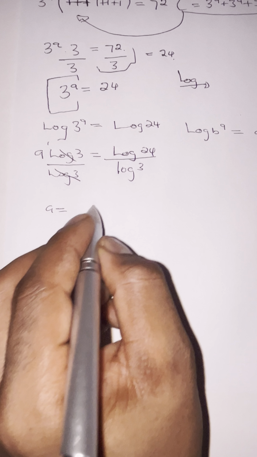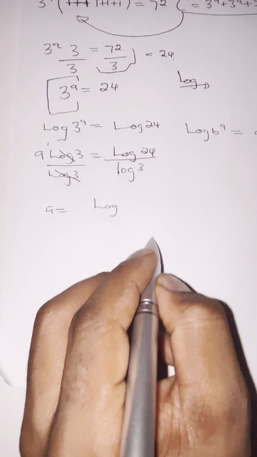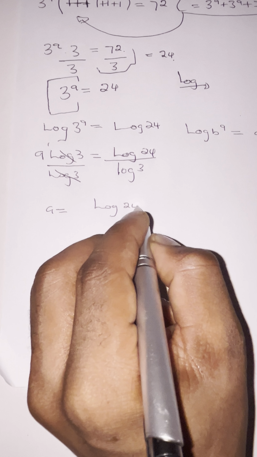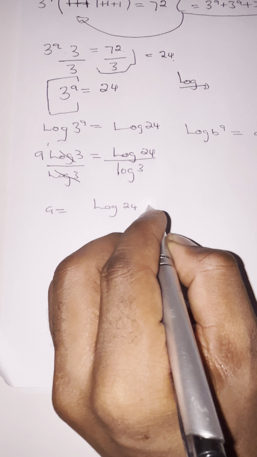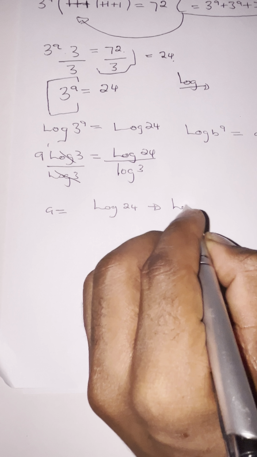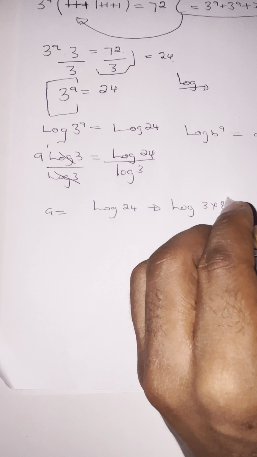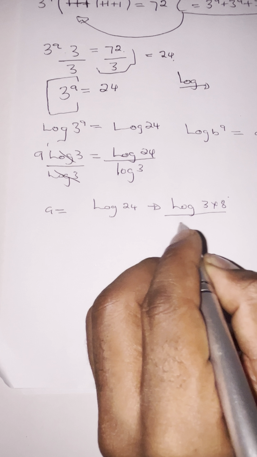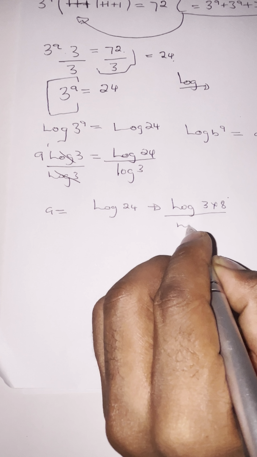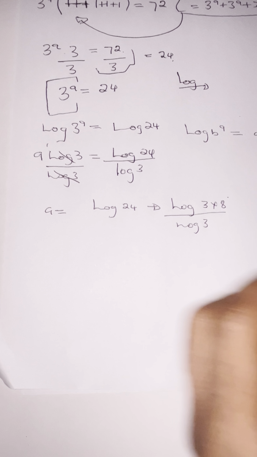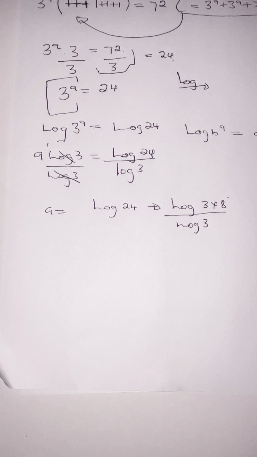Okay. Now log 24 is the same as log 3 times 8, divided by log 3. Then what do we do?